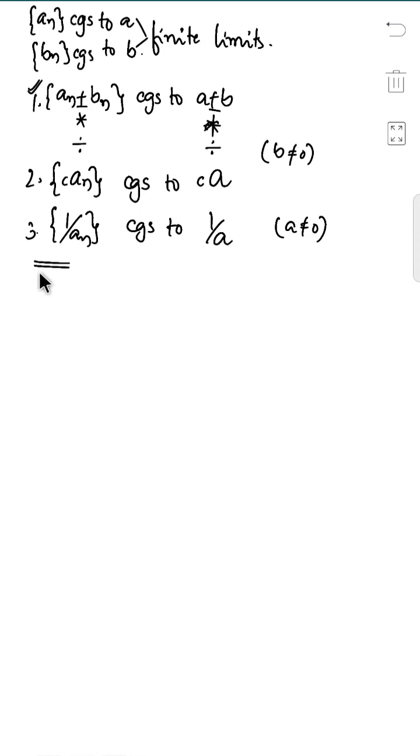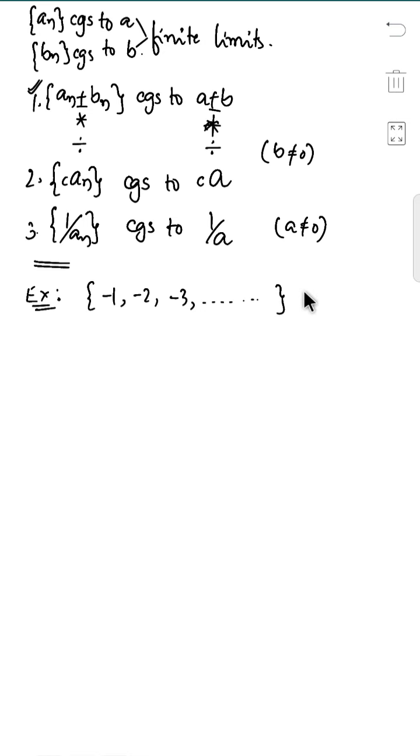They do not hold in the case of divergent or oscillatory sequences. Why? Because we can see some examples here. For example, if we take two divergent sequences, -1, -2, -3, and so on.